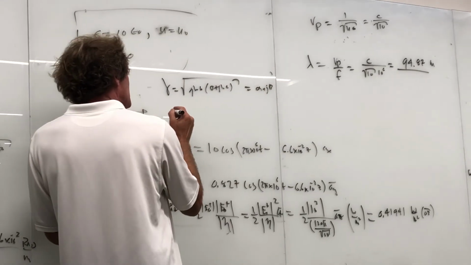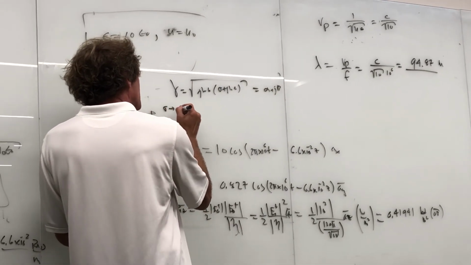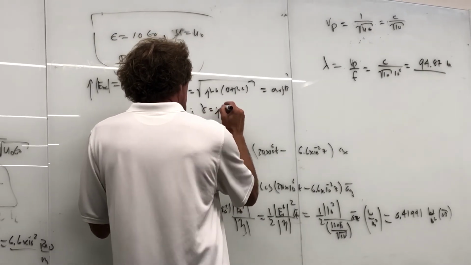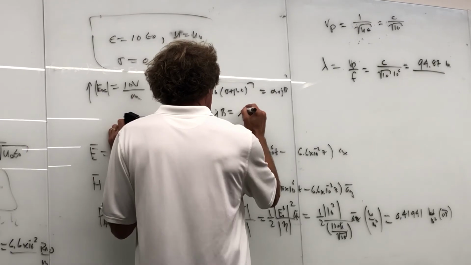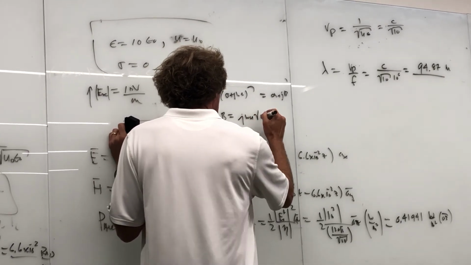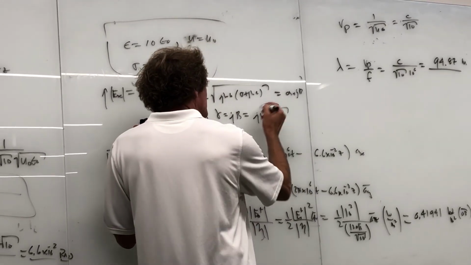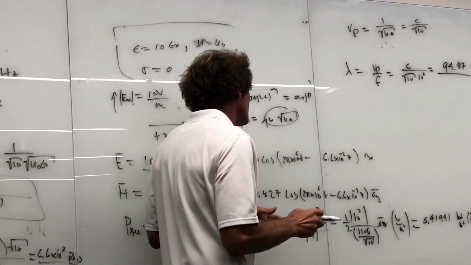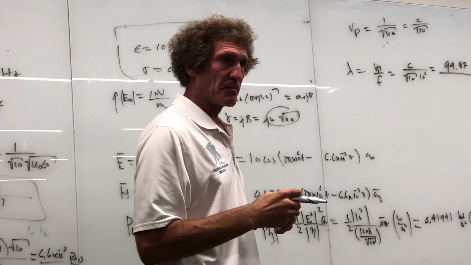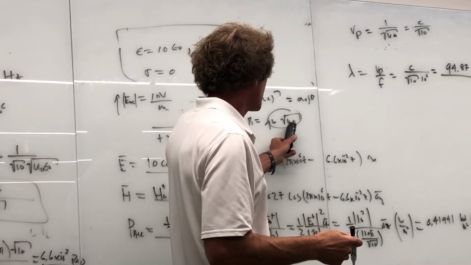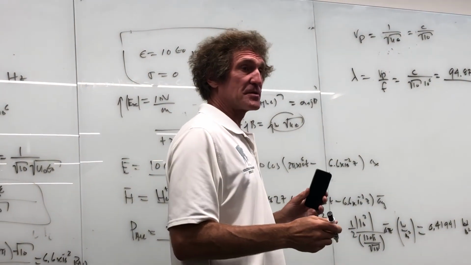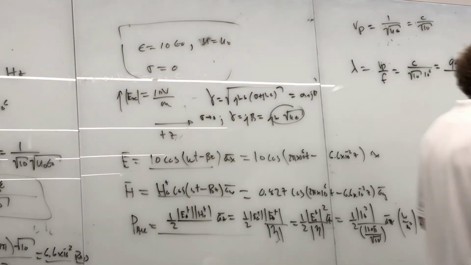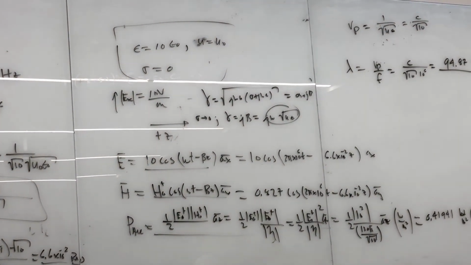Well, if it's lossless, if sigma is 0, then gamma is just equal to j beta, and that's equal to j omega square root of mu epsilon, so beta is just equal to omega times square root of mu epsilon. And that really is omega divided by the velocity of propagation in the medium. Now, I didn't give you a frequency, so you can leave this just as beta.